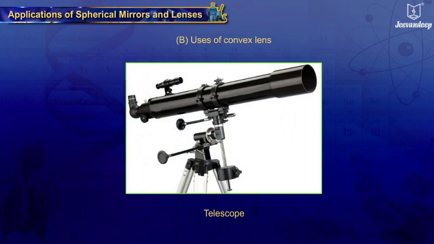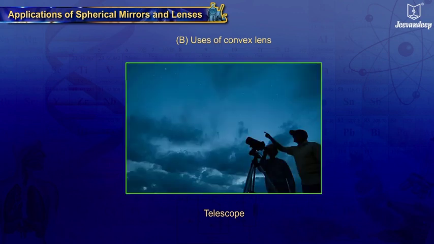A combination of two convex lenses is used in telescopes. An astronomical telescope is used to get detailed view of astronomical bodies like the planets, stars, etc.